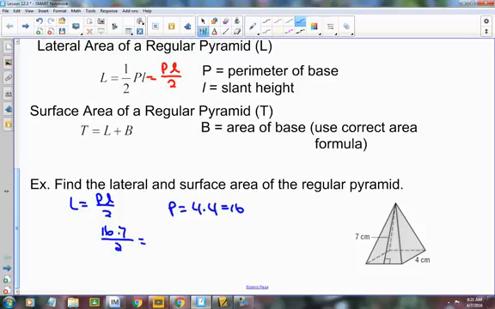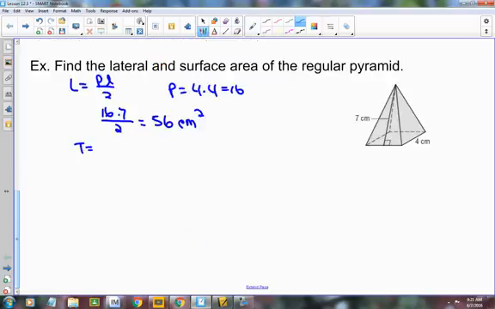And so that's 8 times 7, which is 56 centimeters squared. That's the lateral. Then the total is the lateral plus the area of one base. My lateral, we said, was 56. And what's the area of my base going to be? It's a square, so it's base times height, which is 4 times 4, which is 16. So that makes my total 72 centimeters squared.